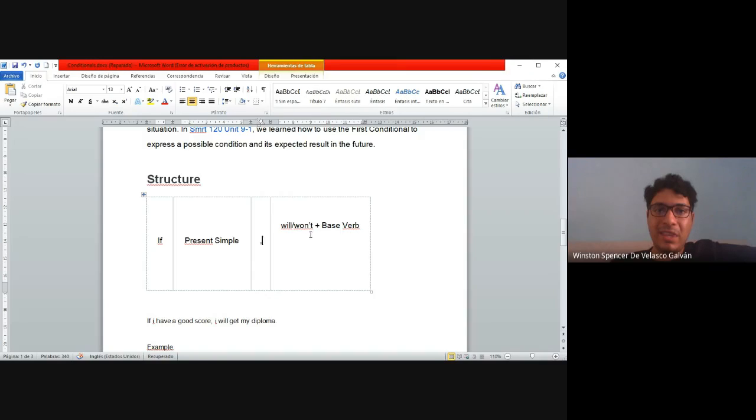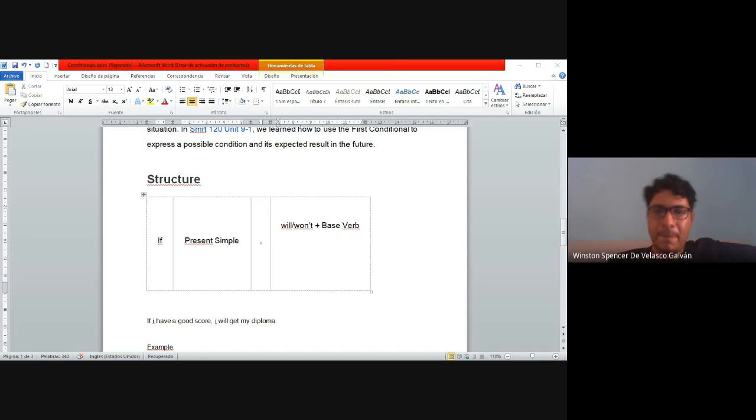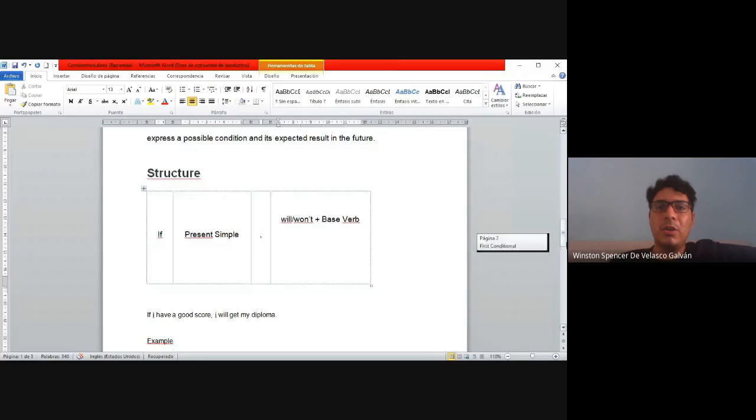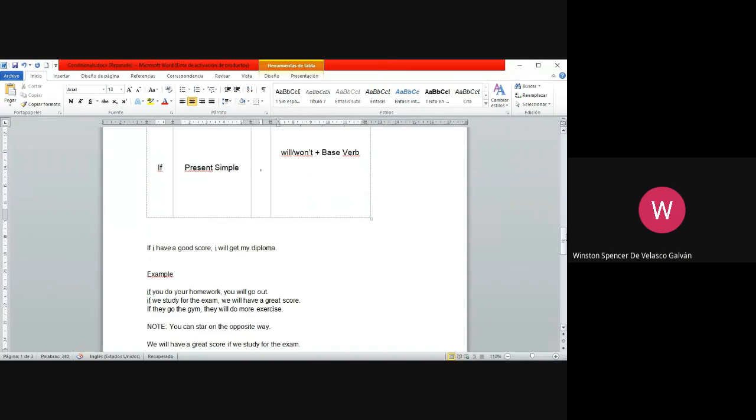We use will for positive sentences, or won't for negative ones. I think that you know the future because it's something very easy to use. However, we're going to review it. Don't worry. And also remember, use the base verb, which is a verb in present.